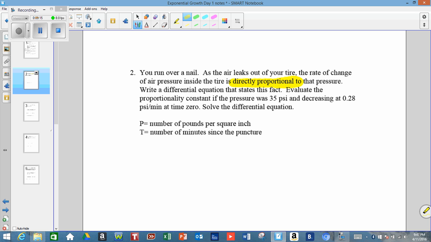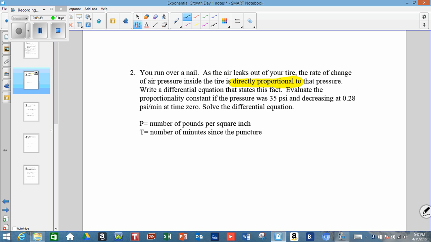If you haven't dealt with direct proportionality before, it really just means that as one thing increases, the other thing increases by some kind of a multiple. And as something else decreases, the other one decreases by some kind of a multiple. If it had said indirectly proportional, that means as one goes up, the other goes down. So they're kind of backwards of each other. They're inverses.